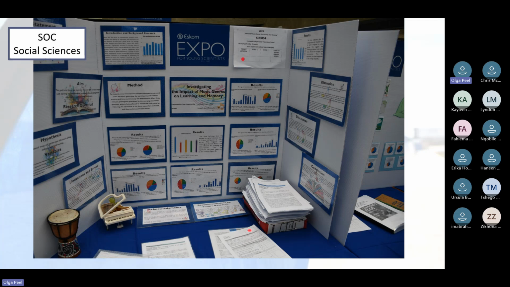This was about music, so they've got a tiny little piano and a small drum there to help give the atmosphere. But a social science project doesn't have to have too many of the props because it's very much about the human behavior that you looked at. Notice how colorful the graphs are.